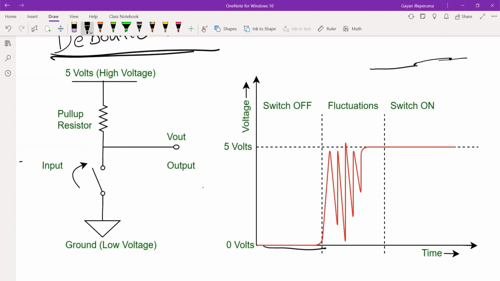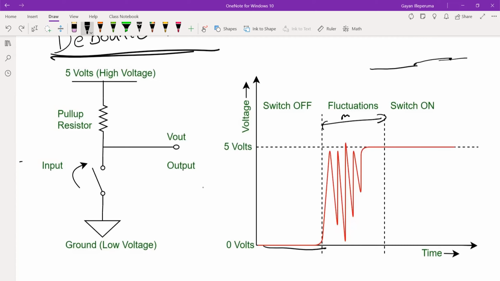Sometimes you get almost touching and almost not touching situations. During that brief moment, probably several milliseconds, not seconds, the switch is just touching and losing the contact, kind of vibrating. So you end up with some fluctuations like this before you latch onto the final output.